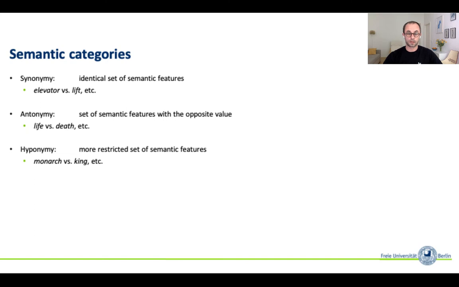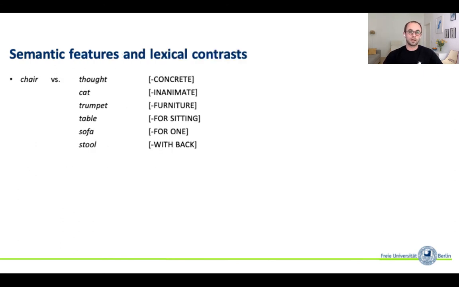Hyponyms, right, would be defined by having a more restricted set of semantic features than hyperonyms, right? And hyperonyms are less restricted in their semantic features. We can also use semantic features to show lexical contrasts, right?